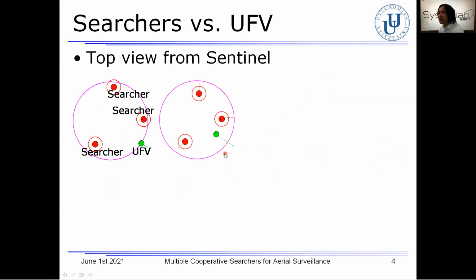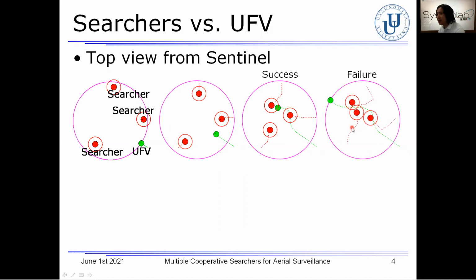Once the UFV is detected by the sentinel, this detection information is shared with 3 searchers, and the searchers begin to approach the UFV. Eventually, a searcher succeeds in detecting the UFV within the red sensing range as shown in this figure.